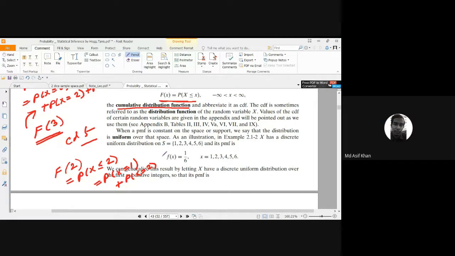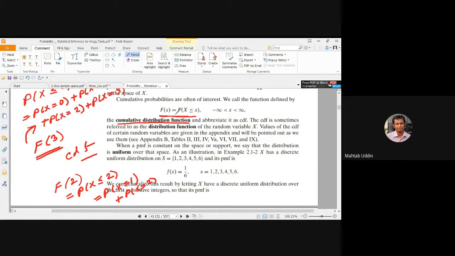In this situation, the CDF indicates the sum from the minimum value up to the given value. You can see here written the CDF F of x is the probability of x less than or equal to x, where x goes from minus infinity to plus infinity. Please don't be confused. Minus infinity means the minimum value and plus infinity means the maximum value.